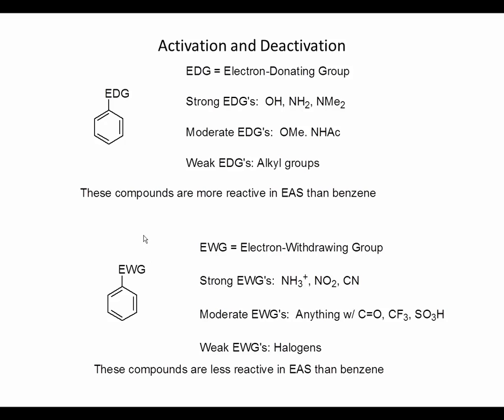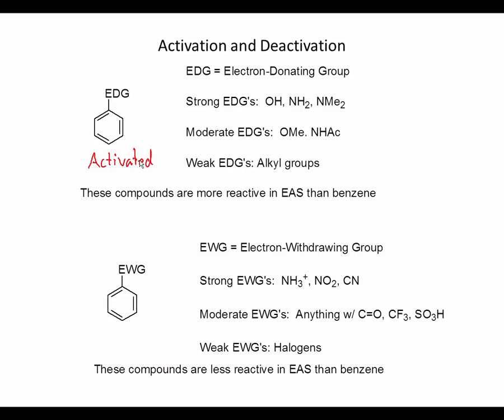Okay? So, if we have an electron donating group on the benzene ring, we're going to call this ring activated. And this means that the compound that results is actually more reactive in electrophilic aromatic substitution than is benzene.